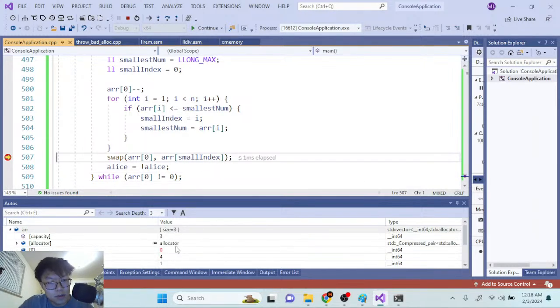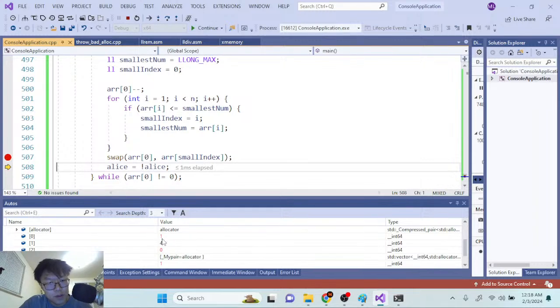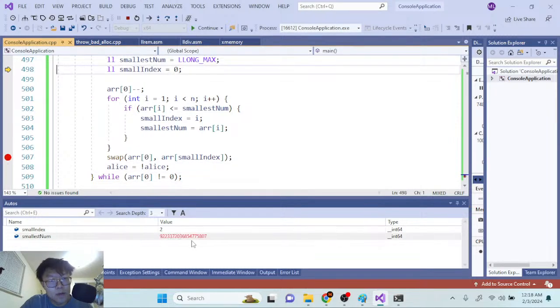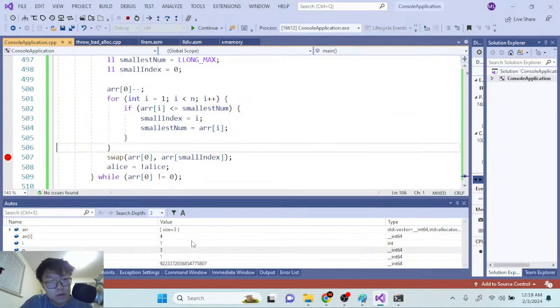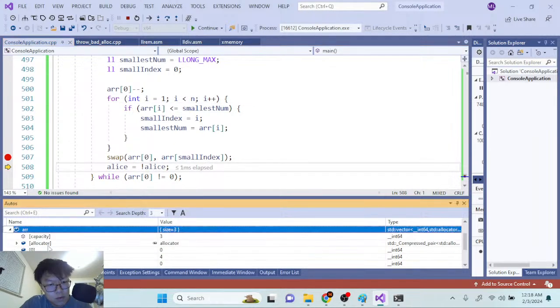Whose turn is it? I don't know whose turn it is. Okay. Swap it. 0, 4, 0.